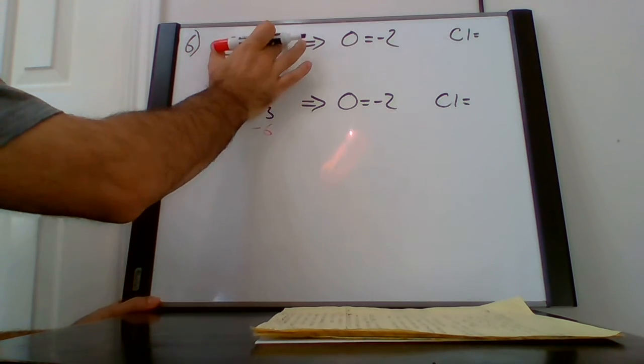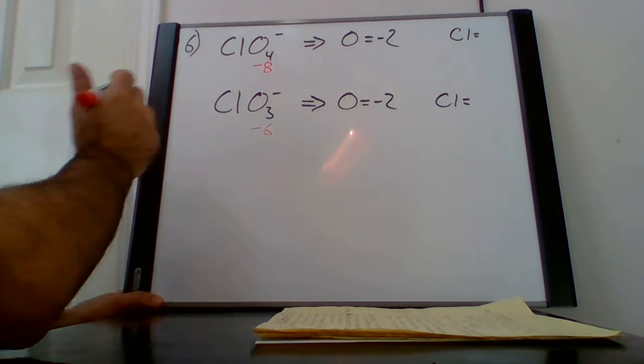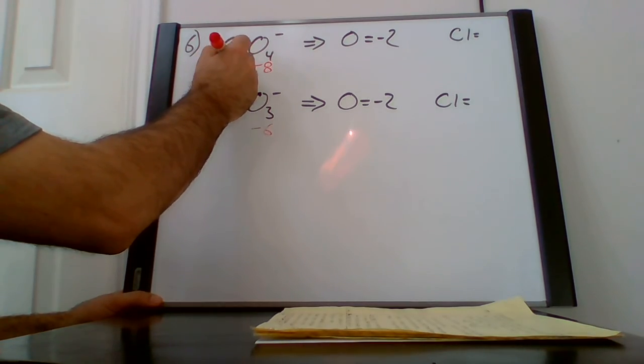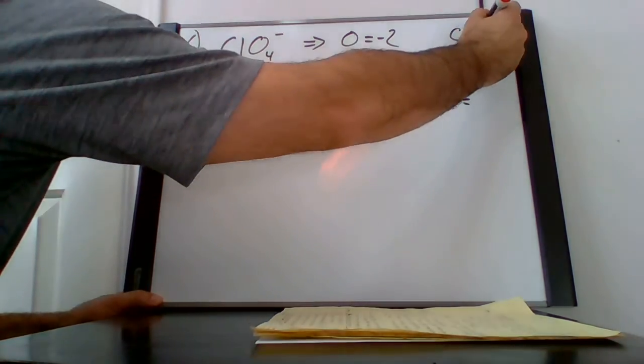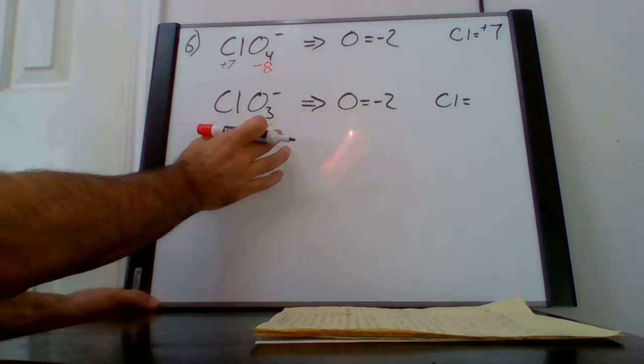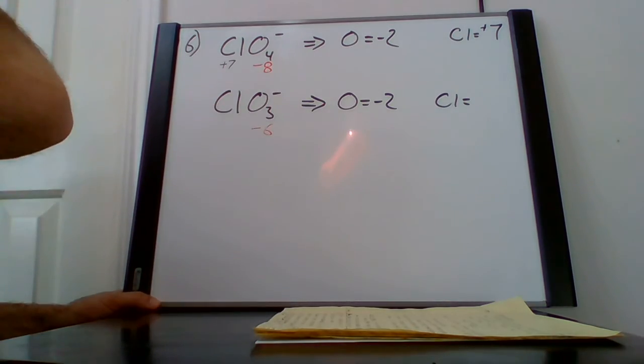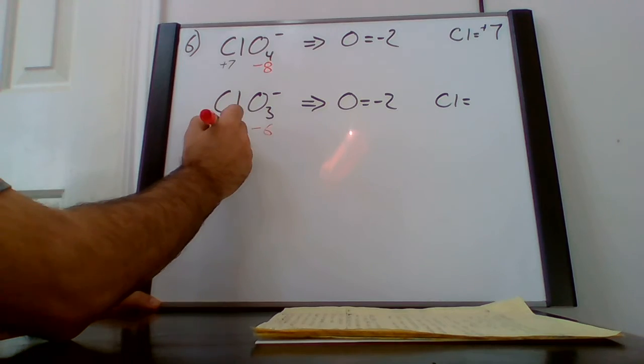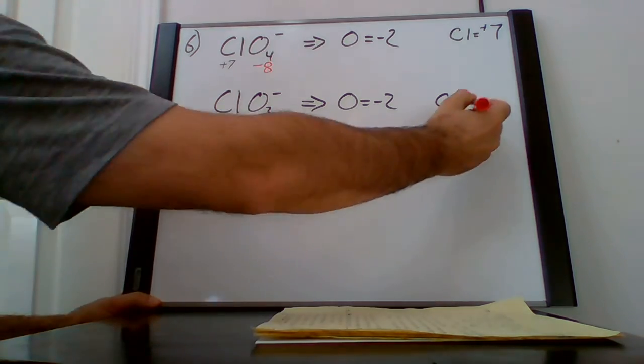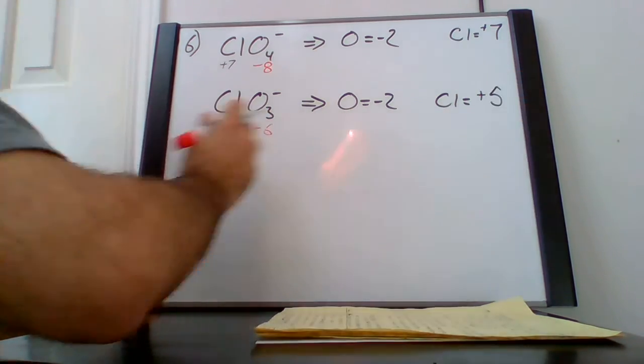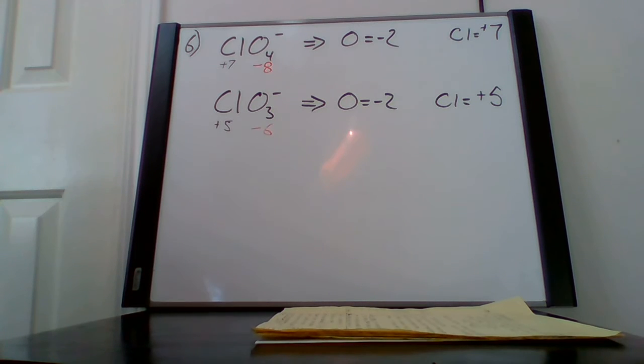For this to sum to a -1, that must mean that I have a +7 for my chlorine here. And for this one, I'm also summing to a -1. If I had a -6, that must mean I have a +5 for my oxidation state of this chlorine. Okay.